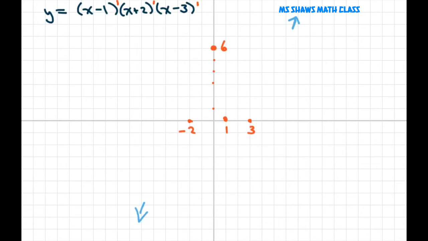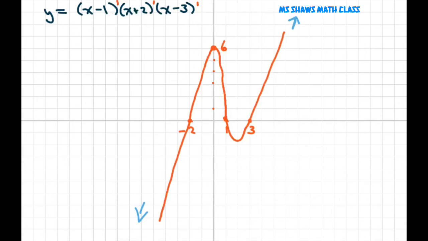So we're just going to start somewhere in this quadrant, go through the negative 2, go up to the 6, come back down, make a U-turn, go through the 1, back up through the 3. And that gave us our general characteristic of the graph. We're not going to worry about exactly what that is. If you want to know, you could actually plug in 2 and find that out, but we just want to get the general curve.